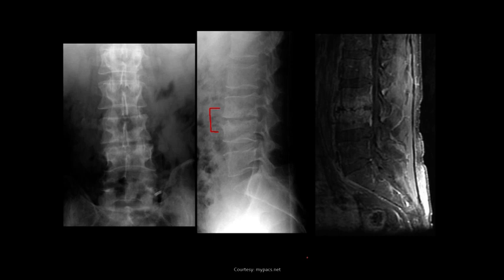So tumors do not often infect the disc until very late in the disease. Infection, on the other hand, doesn't really care. Infection just likes to destroy. So the disc changes really bring us much more towards infection versus a tumoral cause.